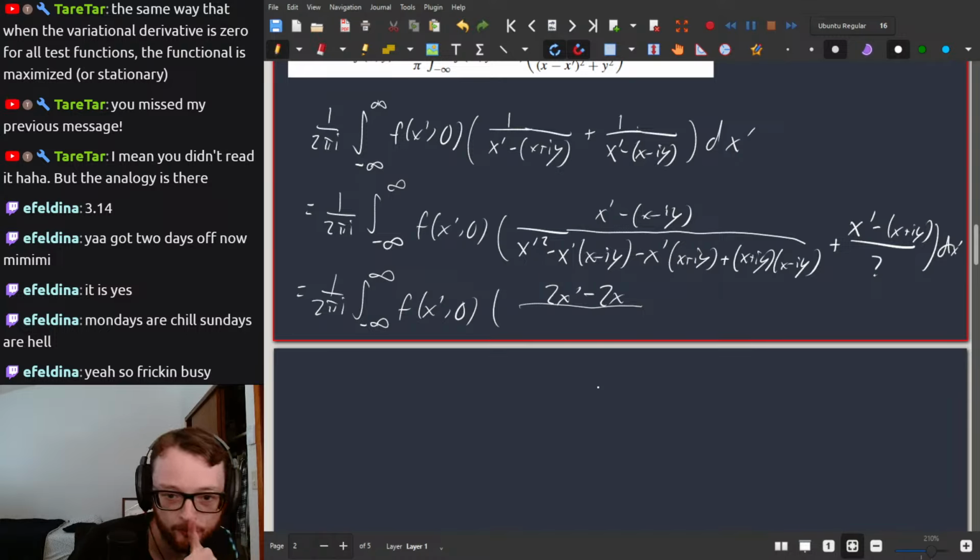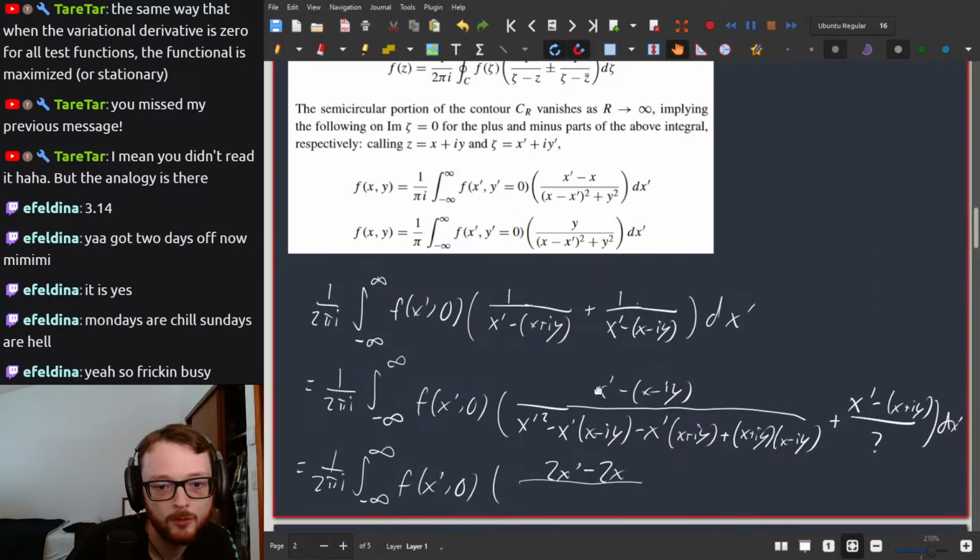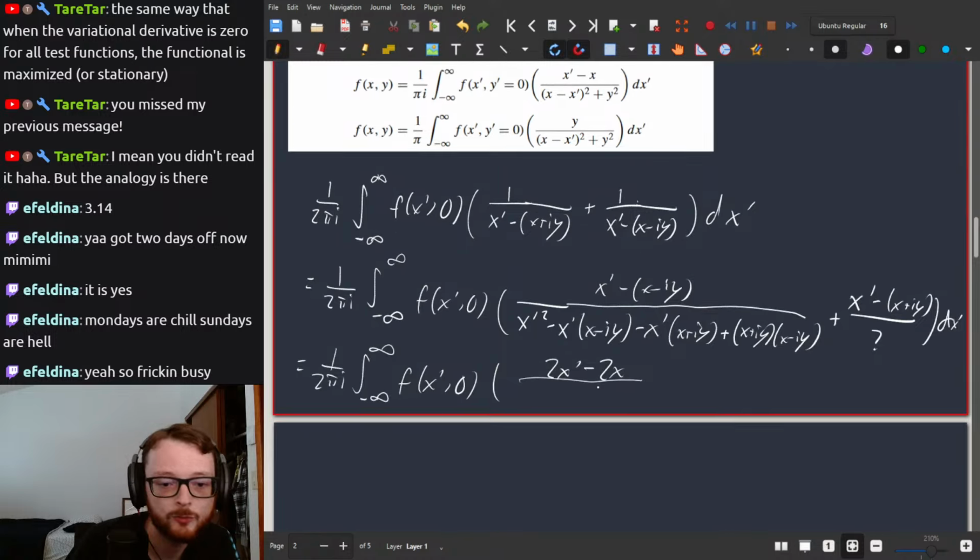The denominators. Do we have to do this the old-fashioned way? What's the goal? x minus x prime squared. We have to do this the old-fashioned way. x x prime. So we will get x iy minus, or x prime iy minus x prime iy.